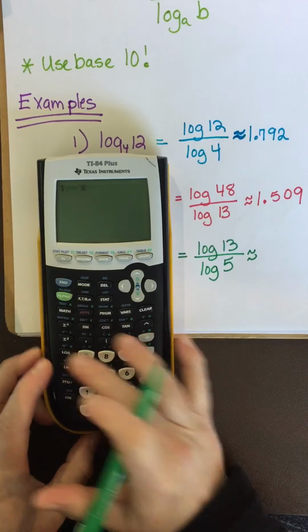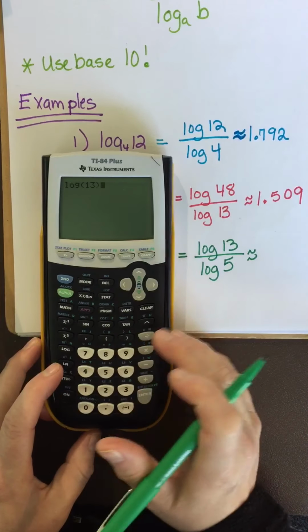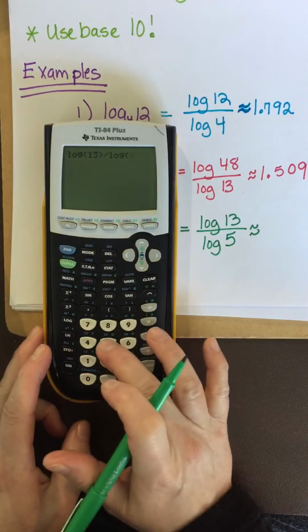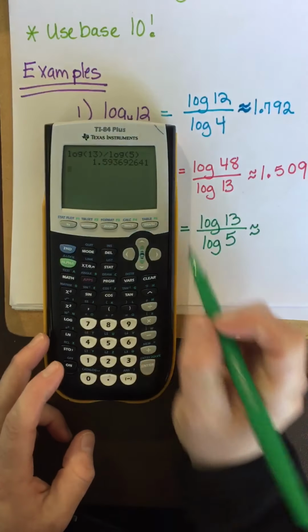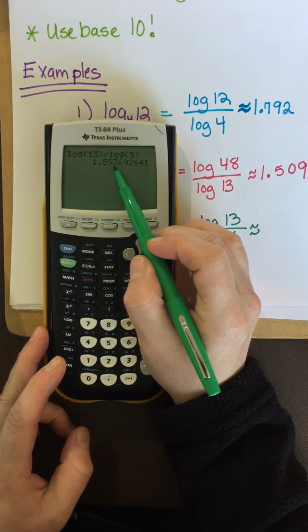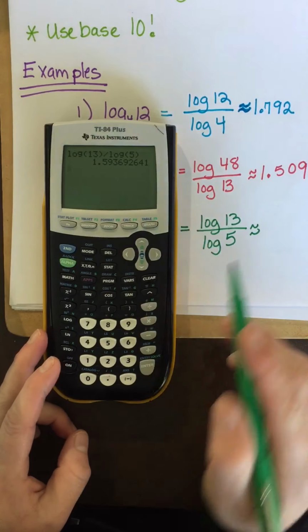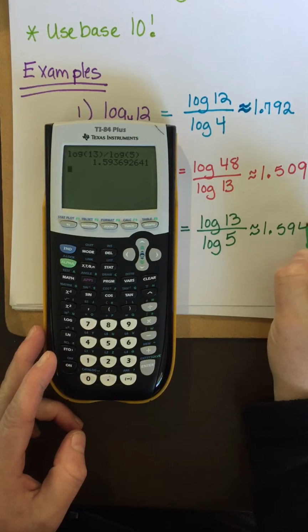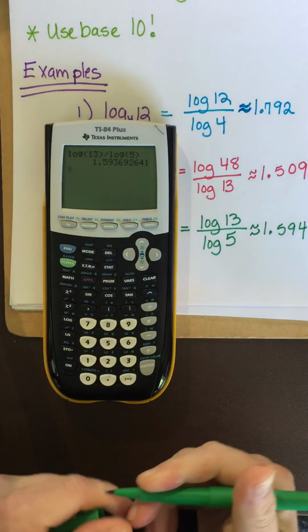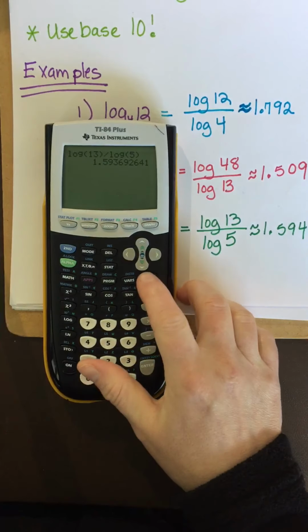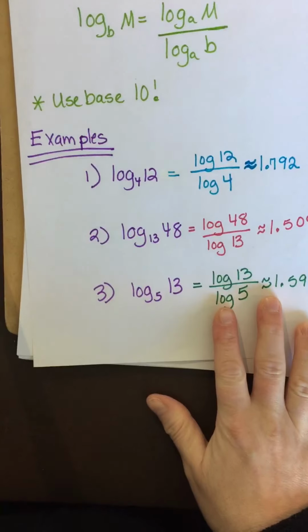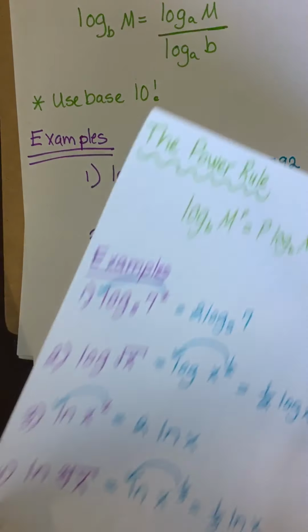All right, and we have the log of 13 divided by the log of 5. All right, this time the 3 is going to look at that 6 and it'll actually round up. So that would be 1.594. Easy breezy, lemon squeezy.